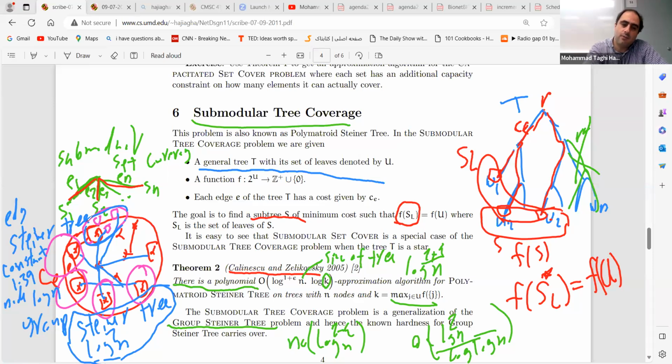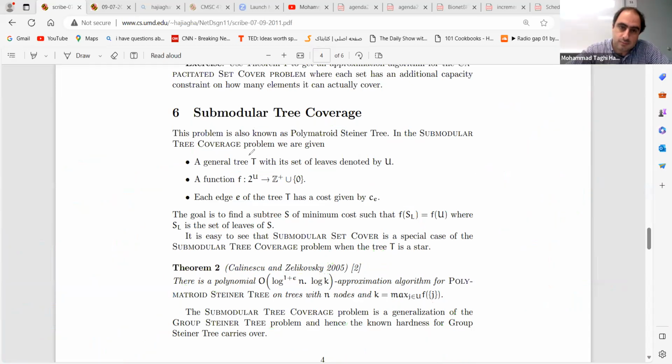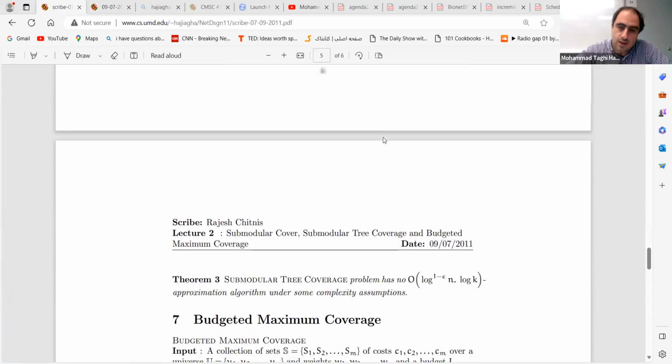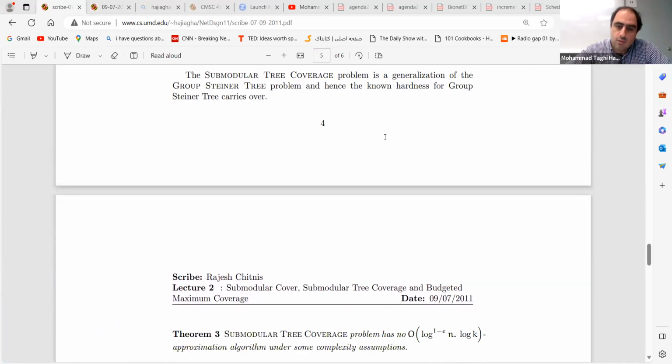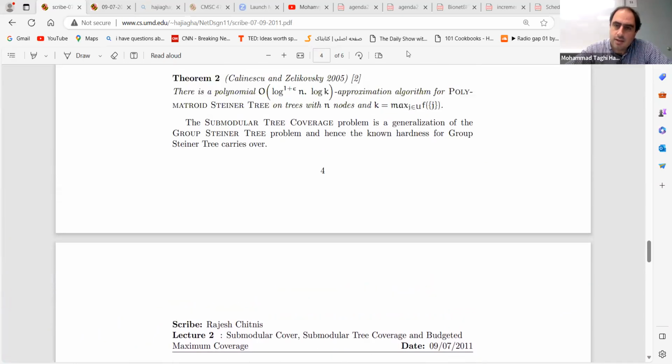And let me say why, actually, this is also interesting, why this problem is, let me just say this one, and then we can finish this. So consider this is the group Steiner tree.